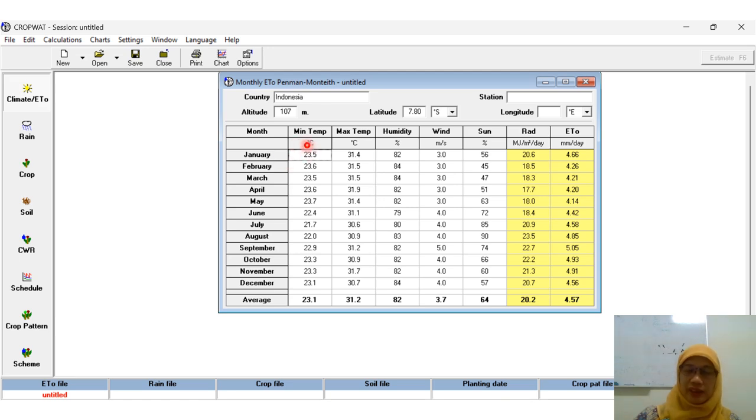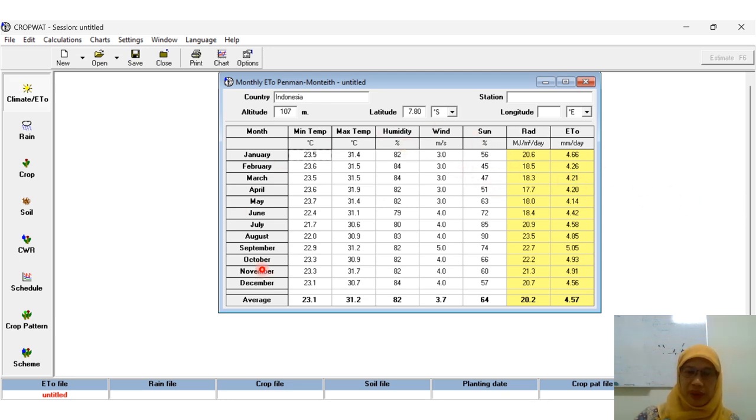If you see the unit here is not like in the data, you can just change the unit here by pressing the setting button, and you follow the procedure to change the unit.